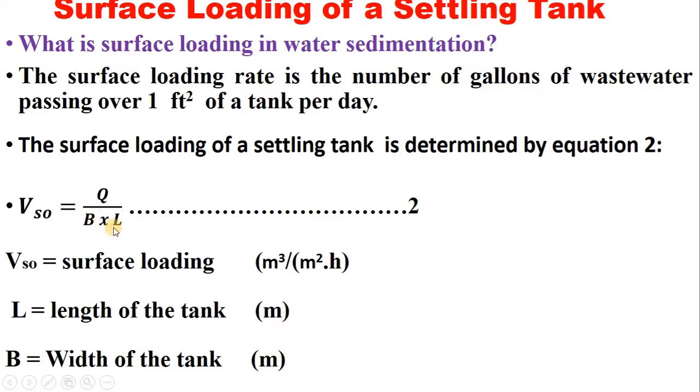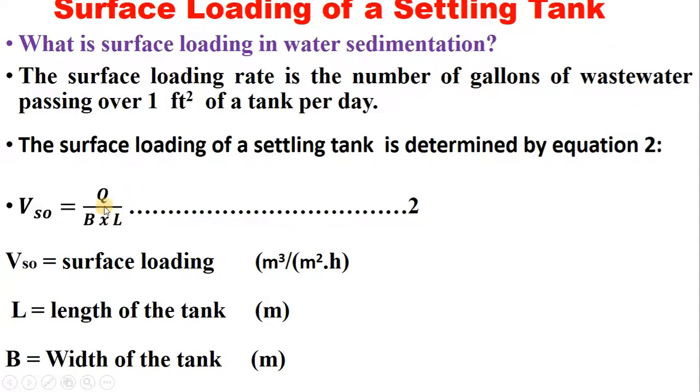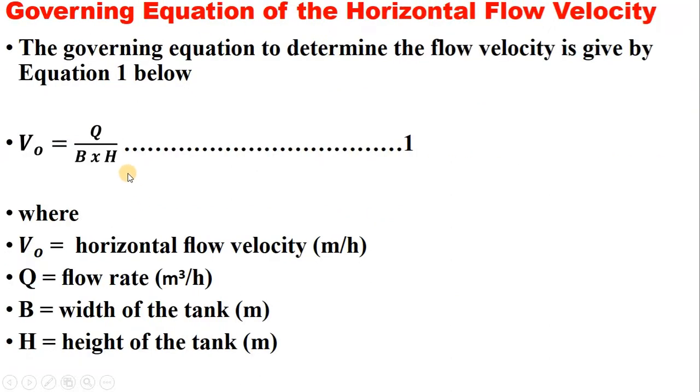So if you know the width and you know the length, which this length times width is the cross-section area of the tank, and you know the flow rate, then the surface loading velocity can be calculated. The difference between equation 1 and equation 2 is that for surface loading velocity, you are considering the length, whereas for the horizontal flow velocity, you are considering the height.